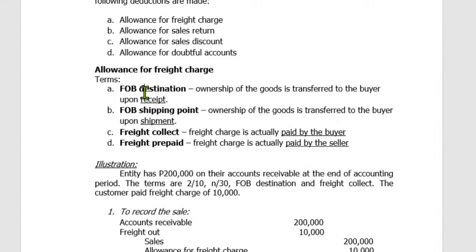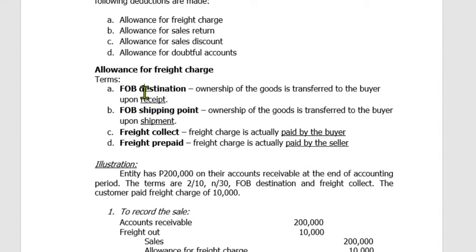So kung nandun na sa point of shipment, ang magbabayad na ng shipping charges from the point of shipping up to the point of destination, yung buyer's location, ay si buyer na dahil siya na ang may-ari at that period.